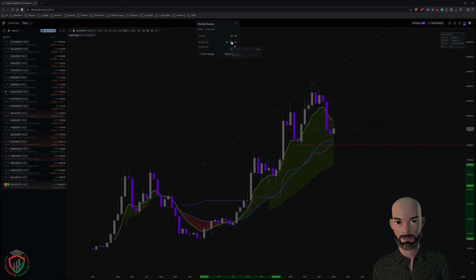Right, channel and middle line. Background. Let's take the background. That's horrible. Middle line's dotted. That's cool. Let's make that dashed. Yep, for the center. I'm just having a play around with this. What colour should we have our channels? It's in an uptrend, so let's make it a nice blue.